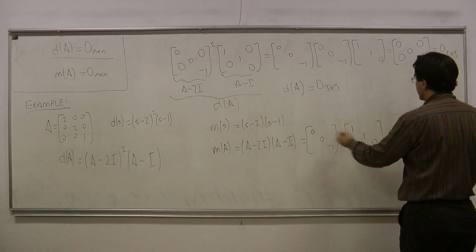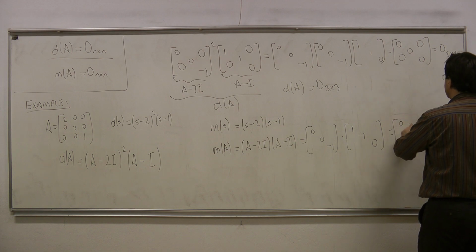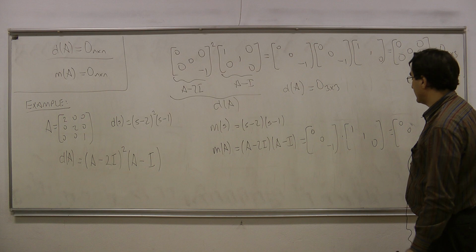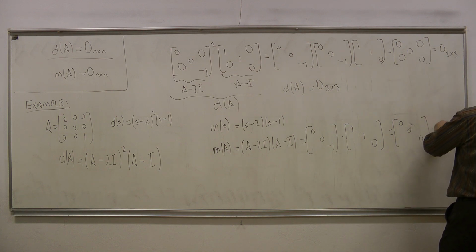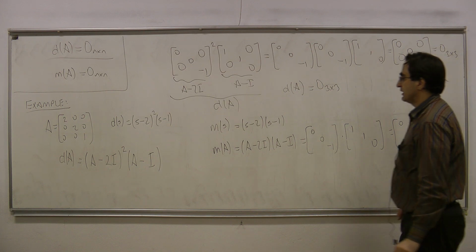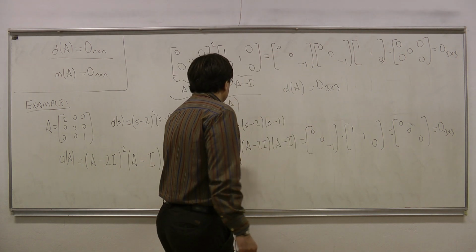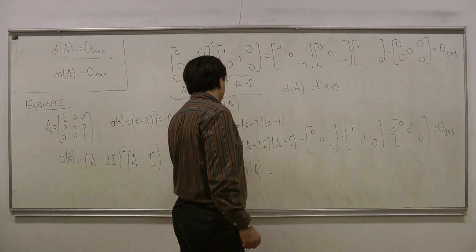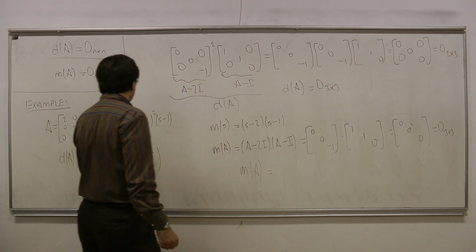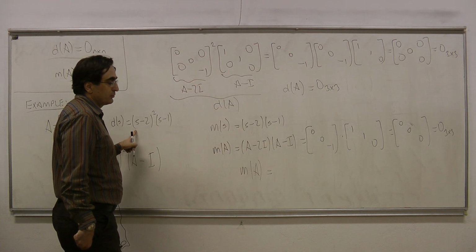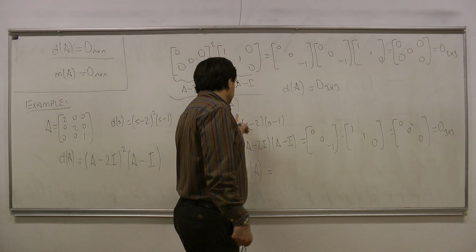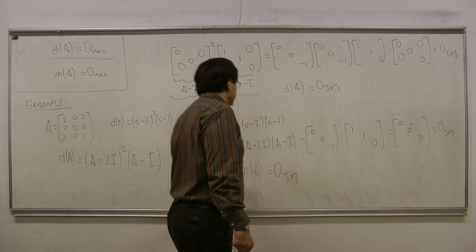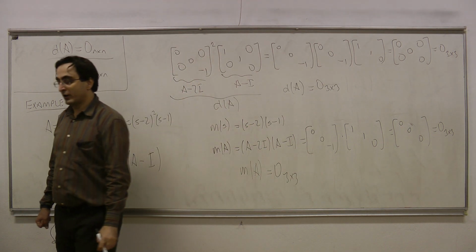Okay, and this multiplication would still give me a diagonal matrix with 0 elements on the main diagonal. Okay, but this is nothing but 0 3 by 3. So we see that we have found a lower order polynomial M of s. It's second order, and the characteristic polynomial was third order. And this lower order polynomial would still satisfy a similar equation to the characteristic equation.